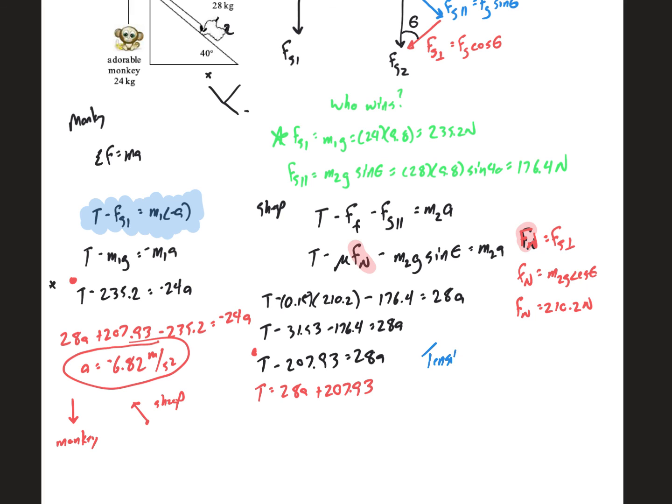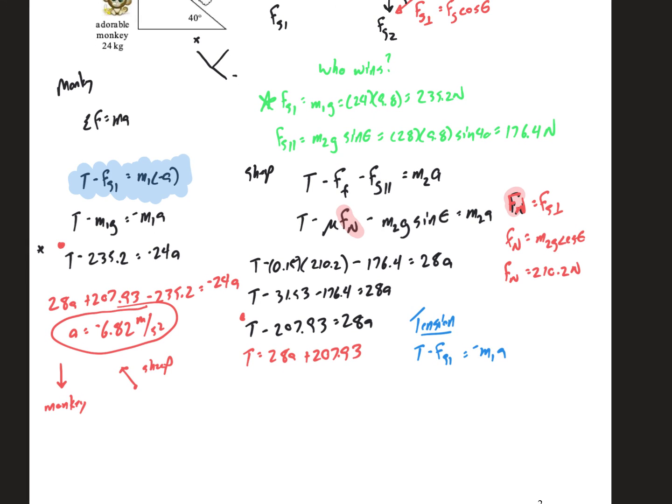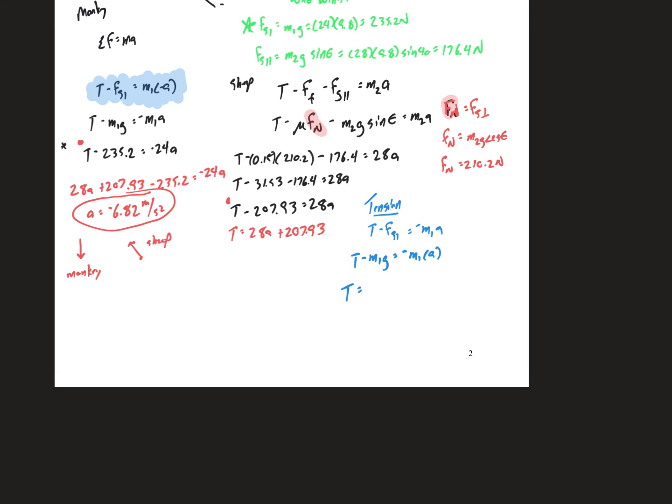So for the tension, we'll get something that looks like this: tension minus FG1 equals, let's see, negative M1A. So when you plug it all in, you should get about 398.8 newtons of tension in the string.